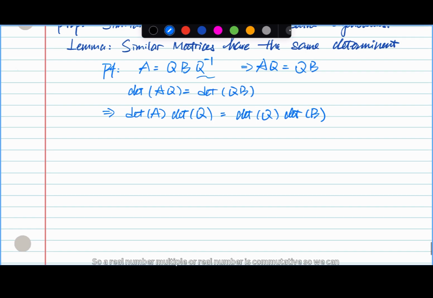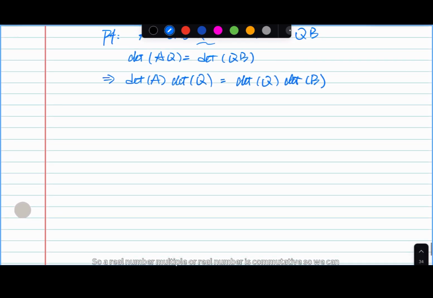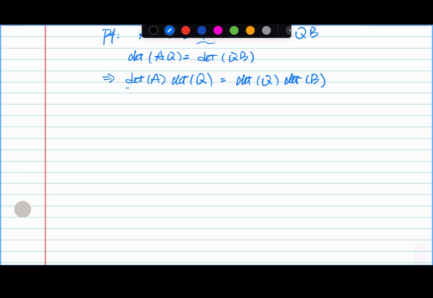Now each determinant is just a real number, and multiplication of real numbers is commutative. So we can actually divide by the determinant of Q on both sides. Then we will end up with the determinant of A equals the determinant of B.